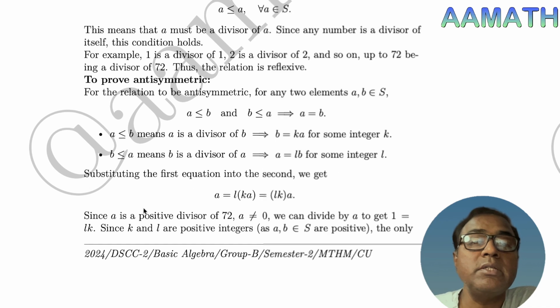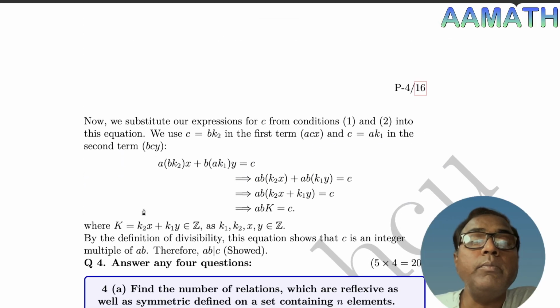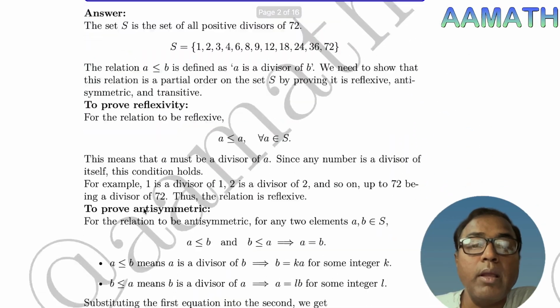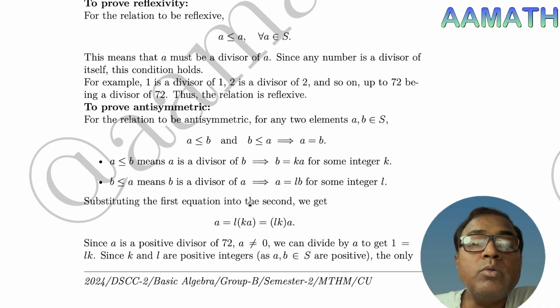Substituting the first equation into the second, we get B equal to K times A. So A equals L times B; the value of B is K times A, so put KA from the first relation.